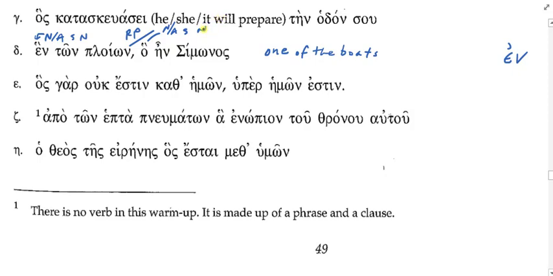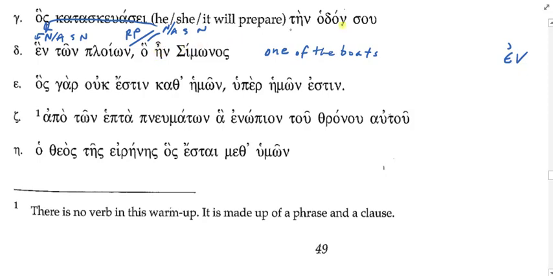Its antecedent. What's its referent? What's it referring to? Well, actually, that is neuter plural, isn't it? It's the hen that's neuter singular that this relative pronoun is referring back to. So one of the boats, just one, which boat, singular.